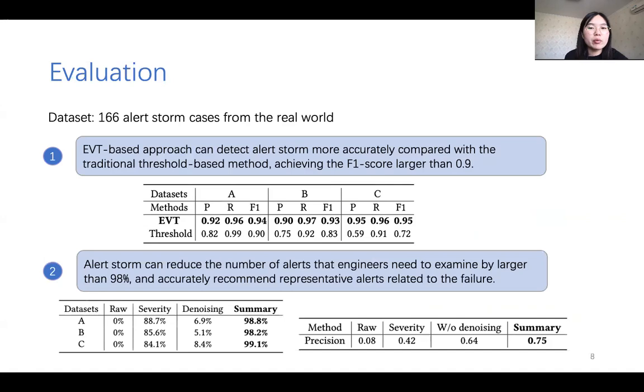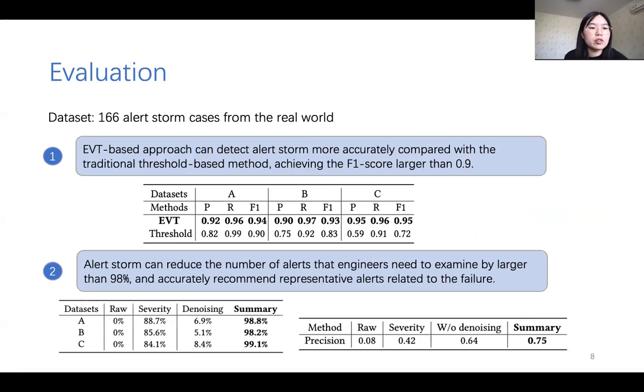About evaluation, we obtained 3-year-long real-world alert data from a large commercial bank as our dataset and collected 166 cases of alert storm as our experimental subjects from the historical failure tickets. First, we compared the EVT-based alert storm detection with traditional threshold.